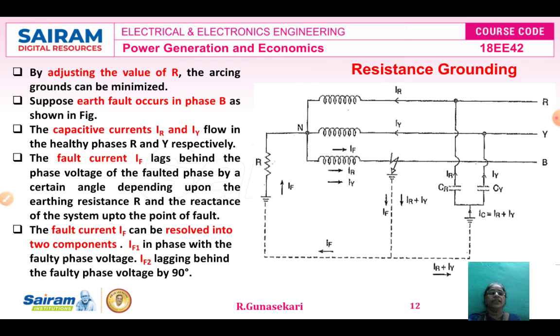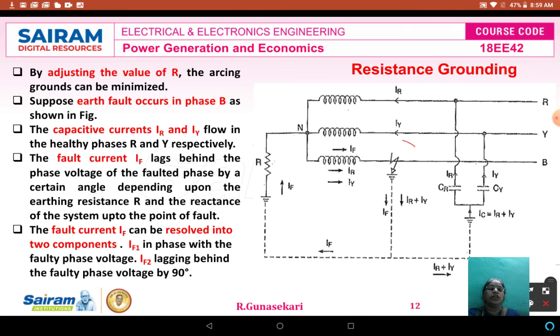Now you see, if a fault occurs on the resistance grounded system, say the fault occurs on the B phase, the fault current or capacitive fault current is the vector sum of IR and IY. CR and CY are the capacitances between the R and Y phases to the ground respectively.